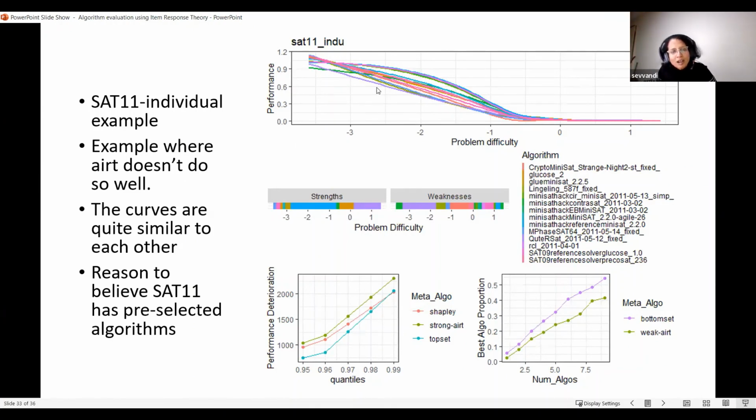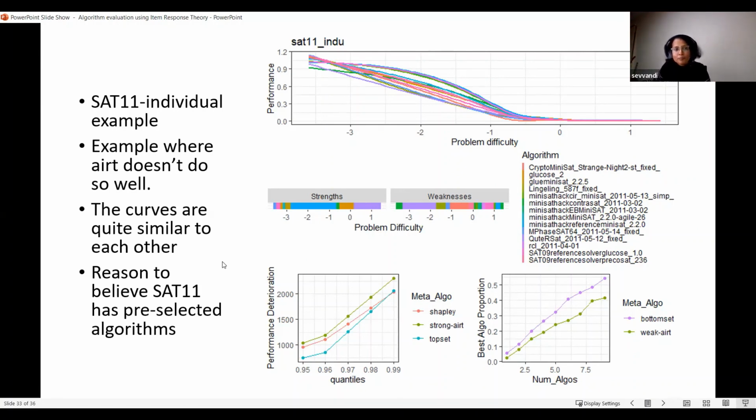The curves are really similar because we believe that for SAT11, they pre-selected the good algorithms, because the authors of ASlib are very much into SAT problems and SAT optimization problems. They're doing a lot on that. So there are so many algorithms, but they've pre-selected some of the good ones.